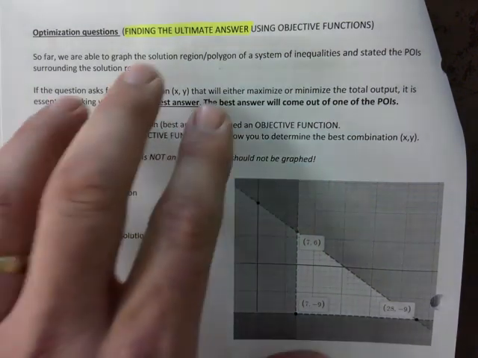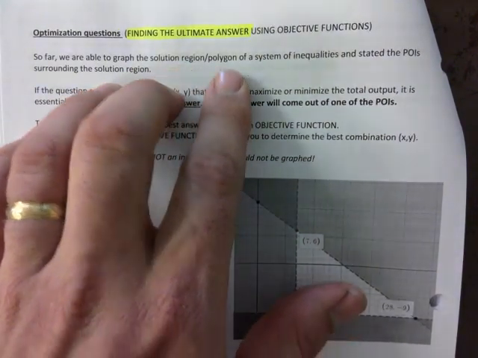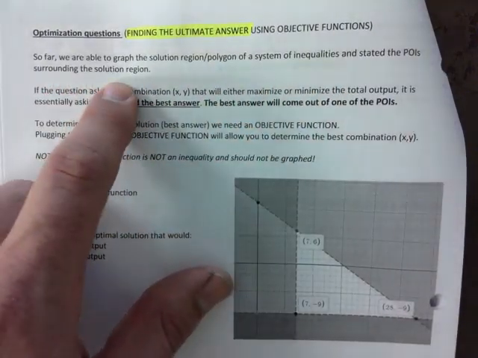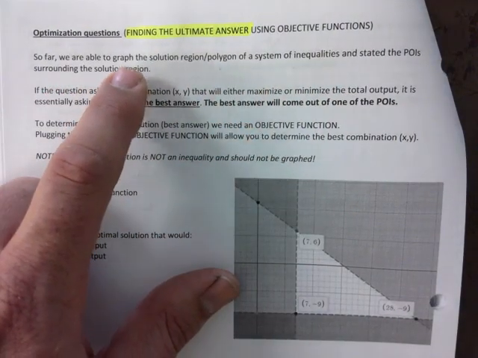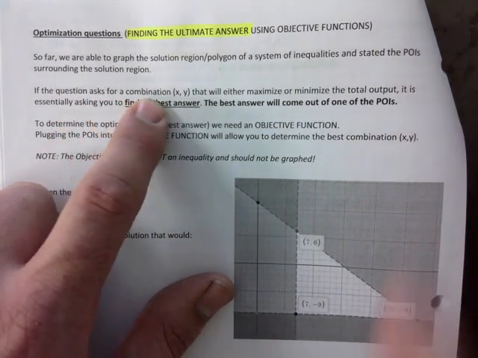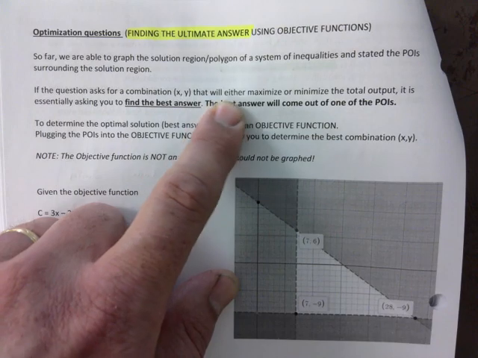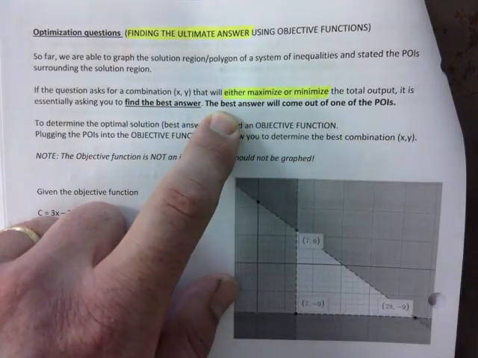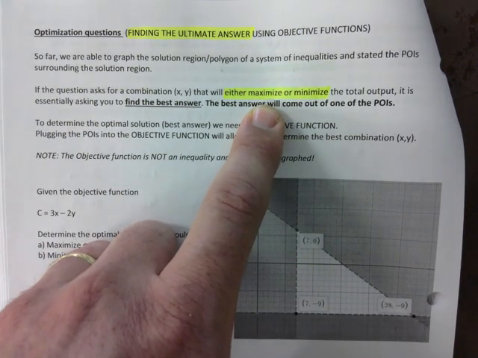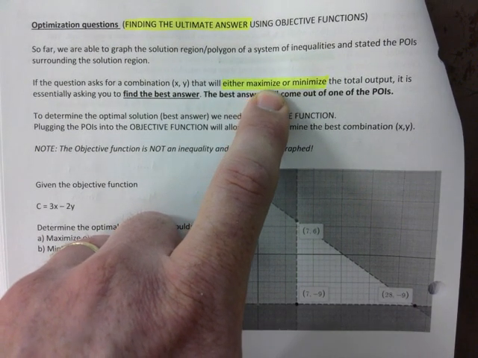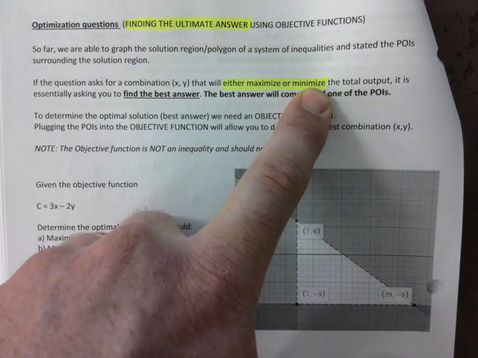So far, we just graphed our solution region or polygon and then stated the POI surrounding the solution region. These are possible solutions. If the question asks for a combination X and Y that will either maximize or minimize, sometimes you're going to want to maximize profits, and other times it's going to be about minimizing costs, right?